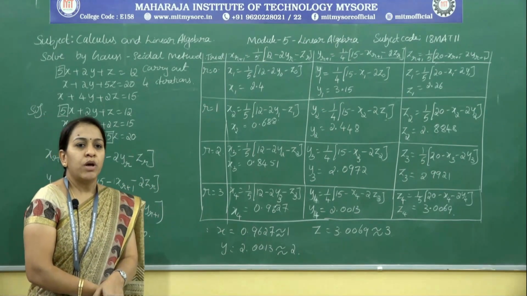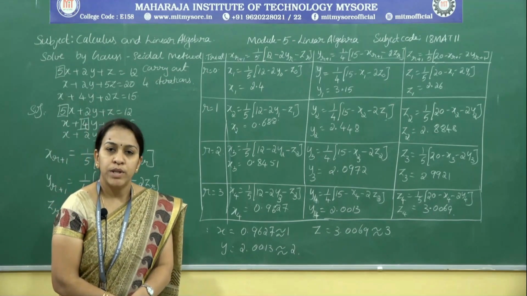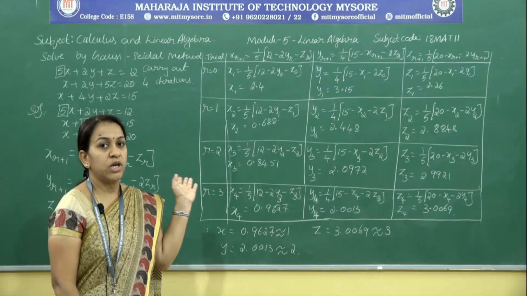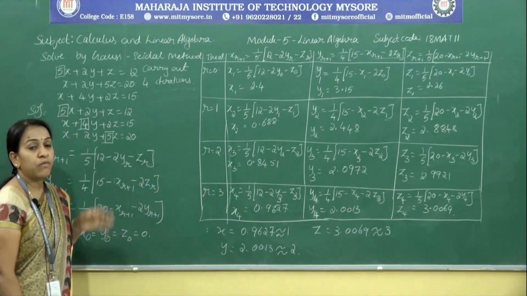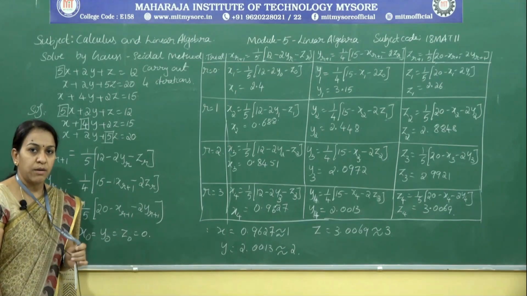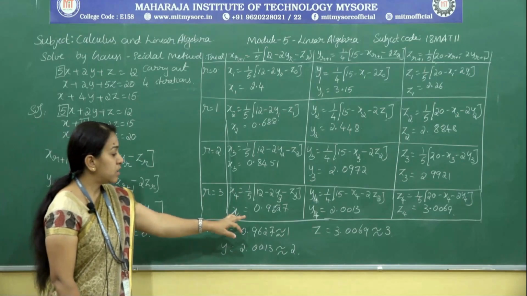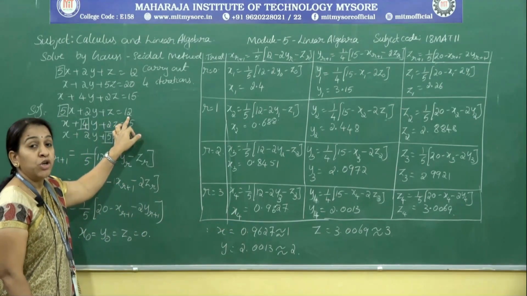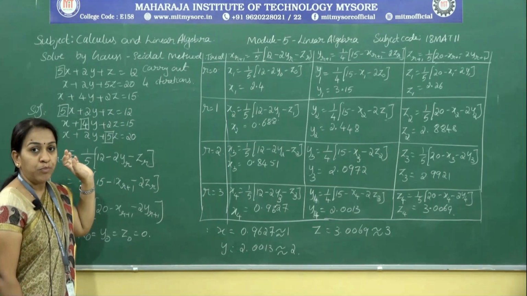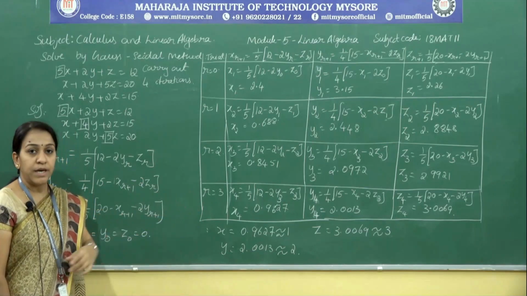In the last problem I told you to verify with your calculator. That means you can check using your calculator, or you can solve the system of linear equations using your calculator, or we can check in another method. If I put x, y and z values in any one of the equations, you should get the RHS value. For example, x equal to 1, y equal to 2 and z equal to 3.